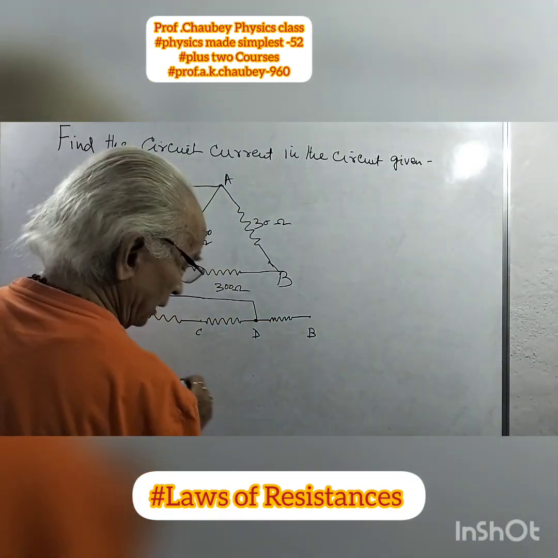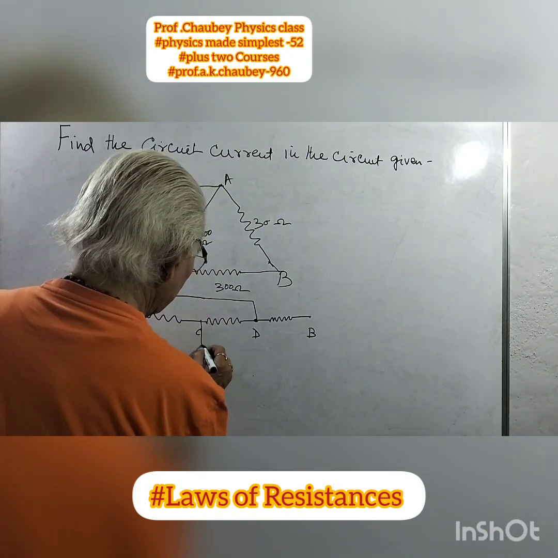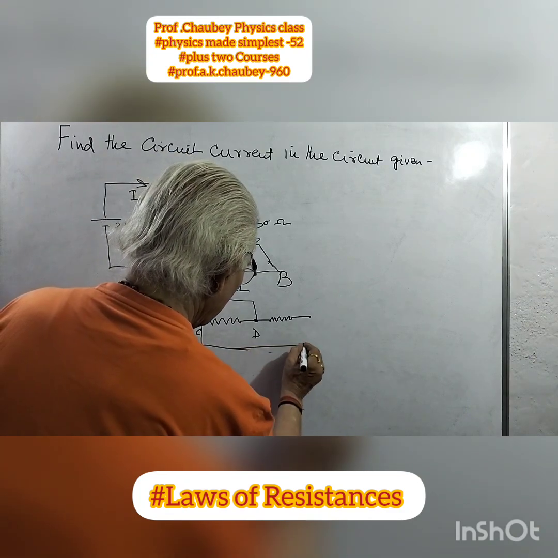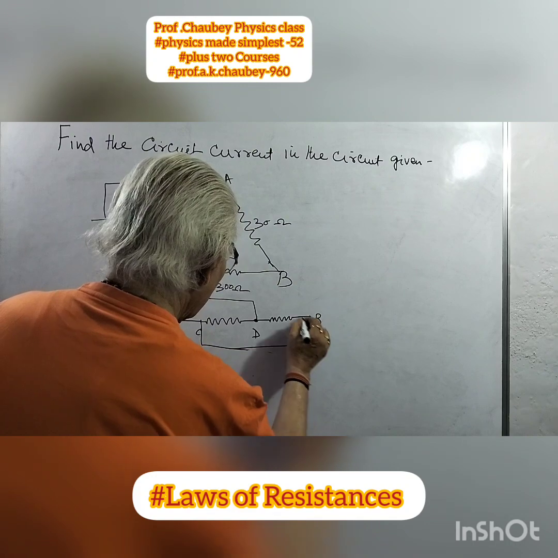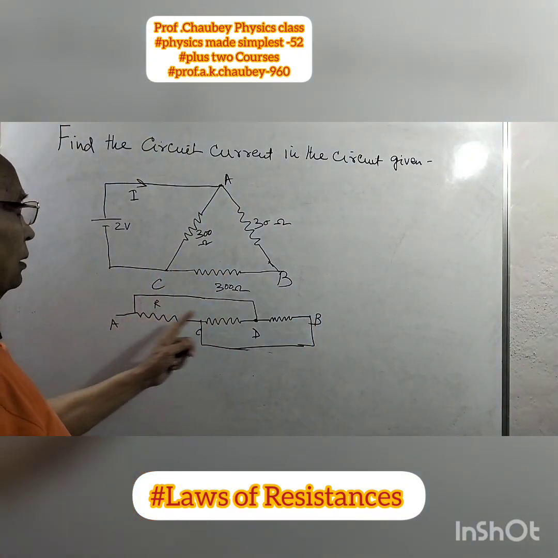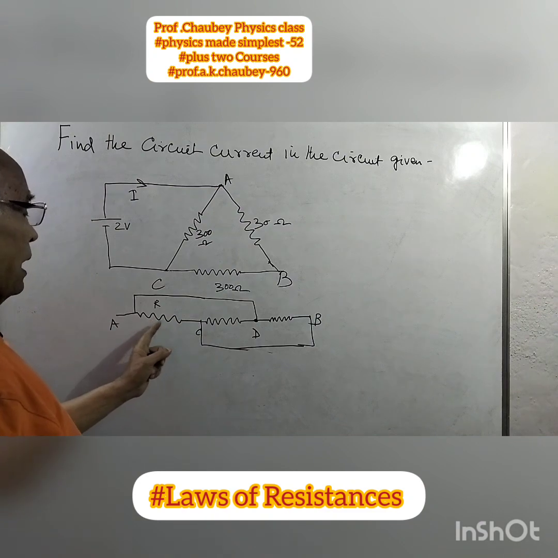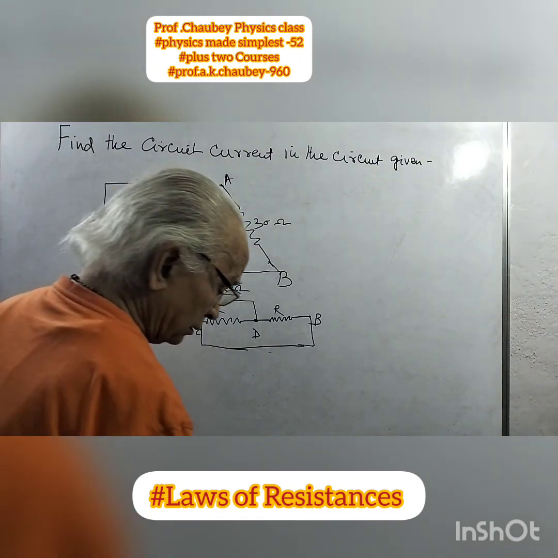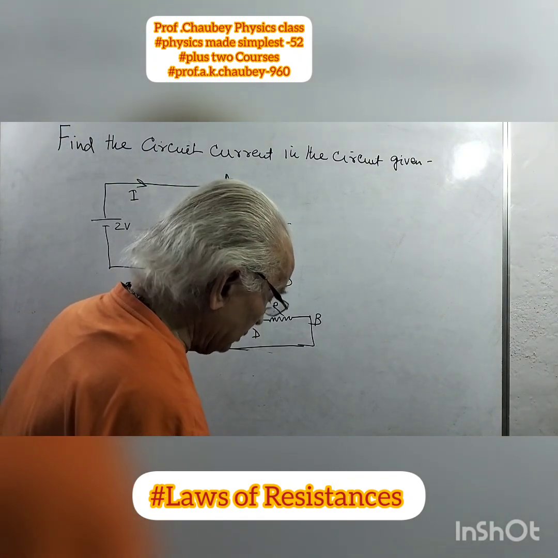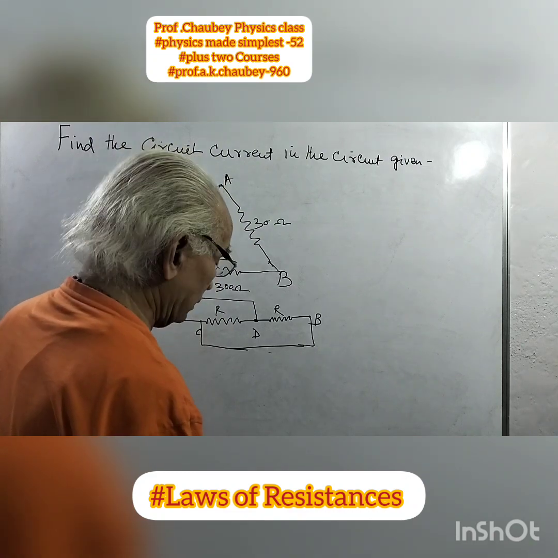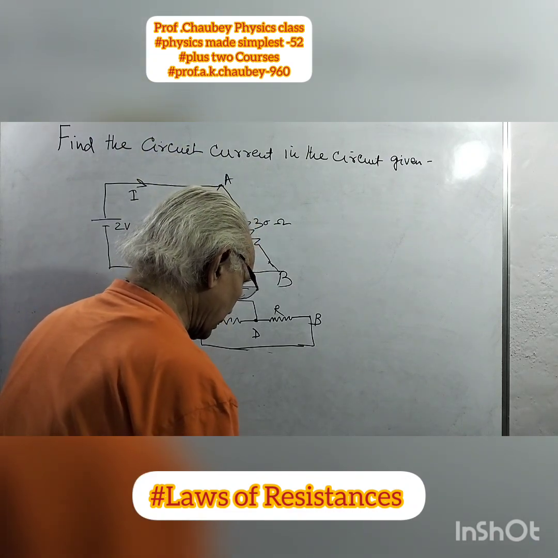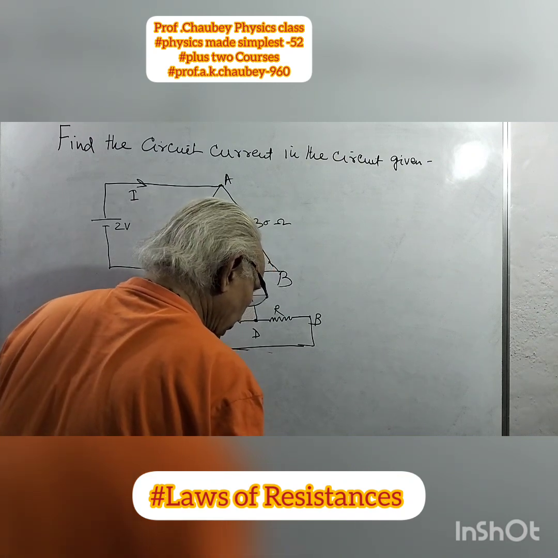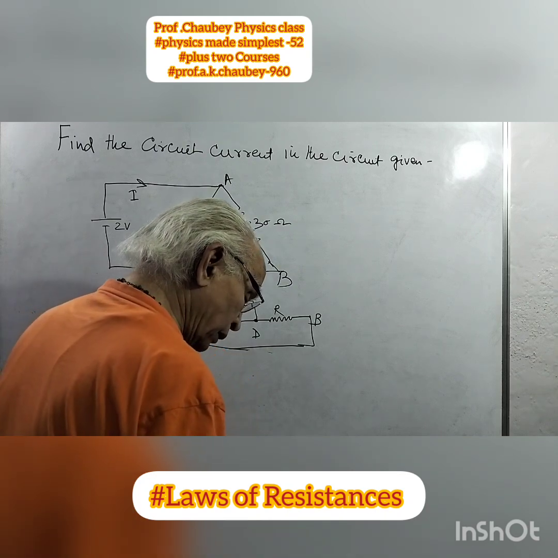So this triangular circuit we have divided like this, and we have resistances as shown here.